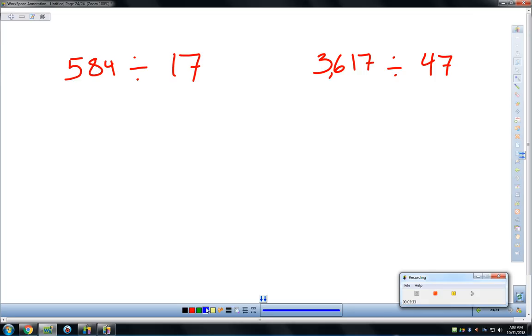First things first, we need to round our divisor. The closest thing that's really nice and easy to work with would be 20. Now, when I round the dividend, I need to make it so that these first 2 numbers will play nicely with this over here. So 58 goes up to 60, and then obviously it needs to be 600.